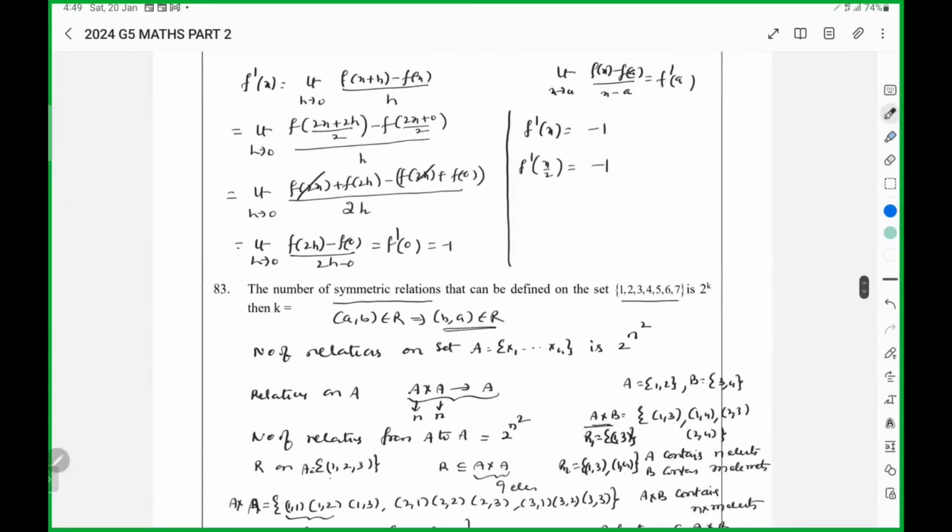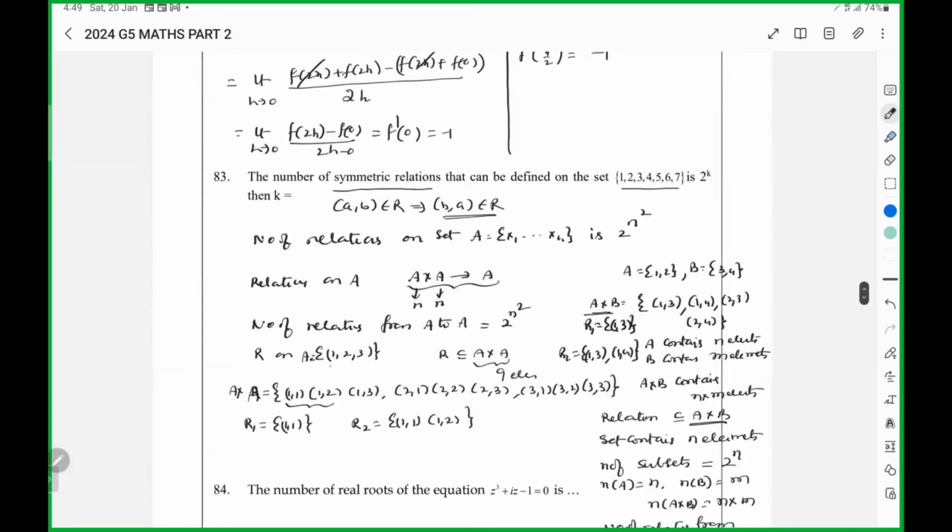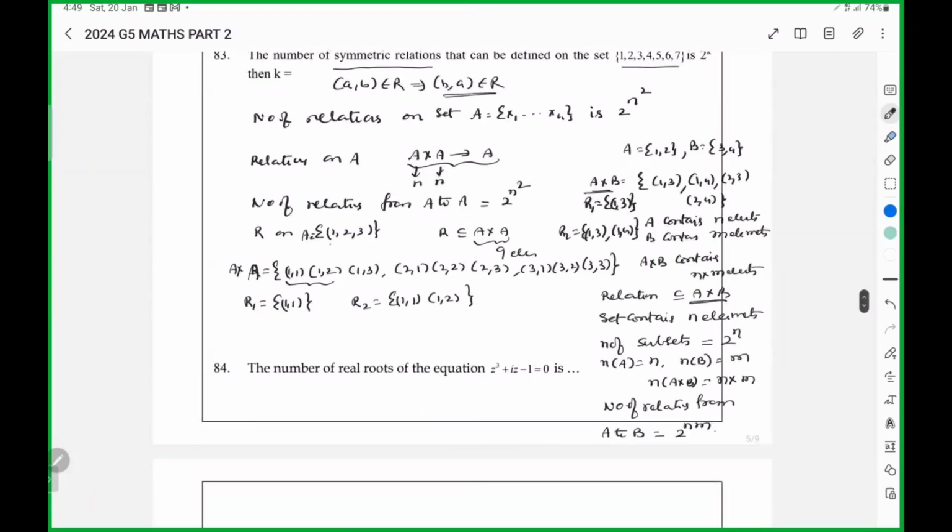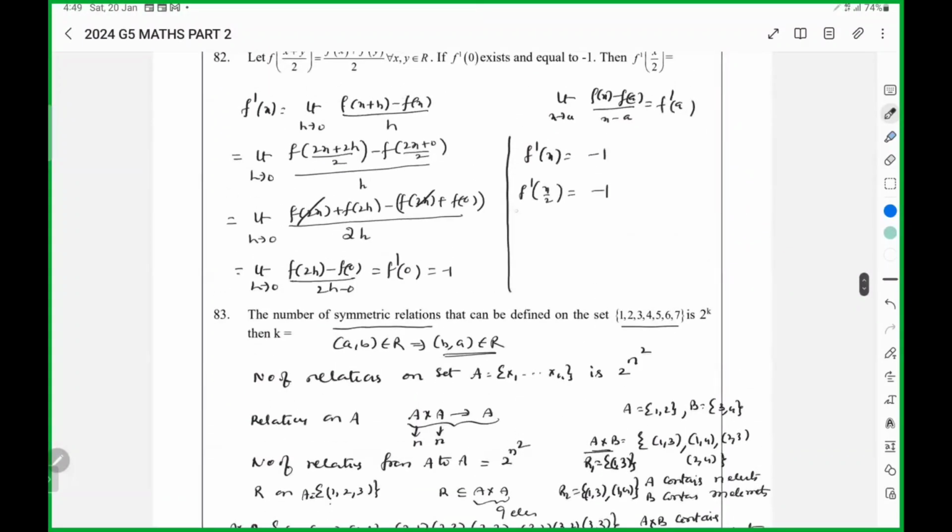Then here, to calculate symmetric relations, when space seems to be insufficient, I will write A cross A in a specified order. Like (1, 1), (2, 2), (3, 3), (2, 1), (3, 1), (3, 2), (1, 2), (1, 3), (2, 3).